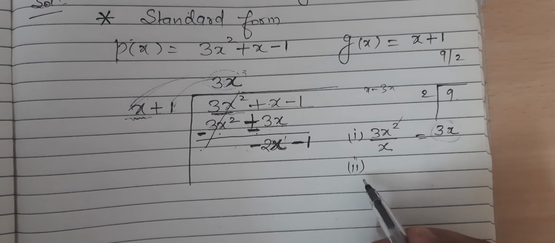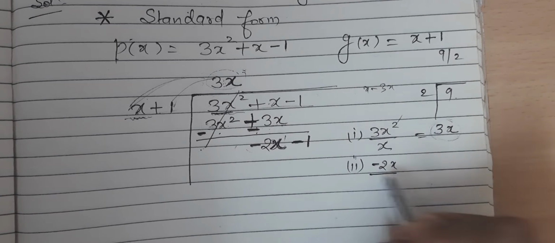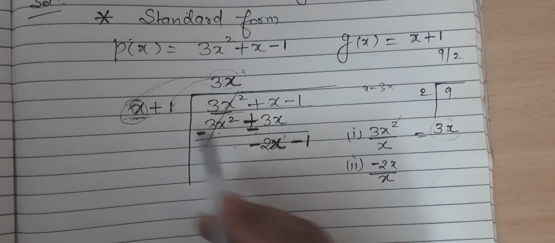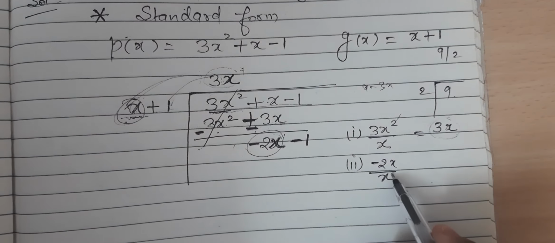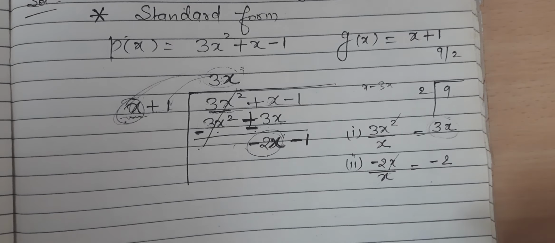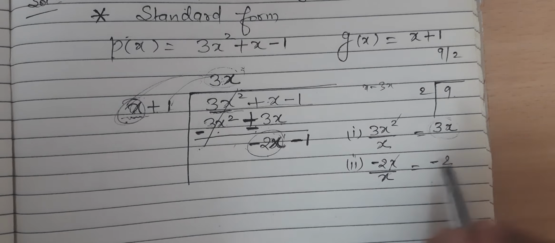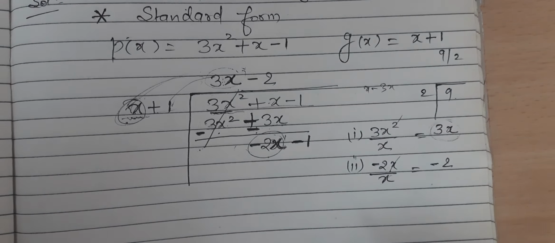So minus 2x divided by x. This x and x will cancel out, so we'll get minus 2 only. What is the answer? Minus 2. So we'll write this minus 2 as it is here along with the sign.